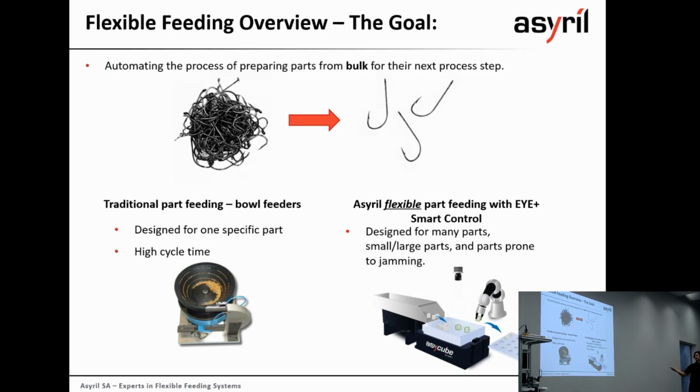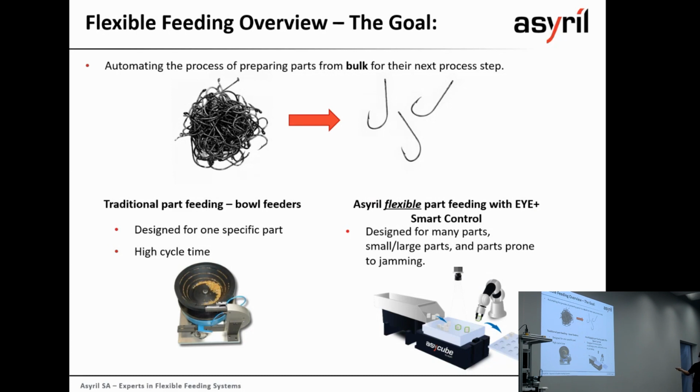There's really 2 methods. Bowl feeders are pretty big in the game. A lot of folks use bowl feeders. They're really high speed, very application specific. They can typically only run a couple of parts, and they typically need to be retooled if you want to change over. That's where Asyril started.